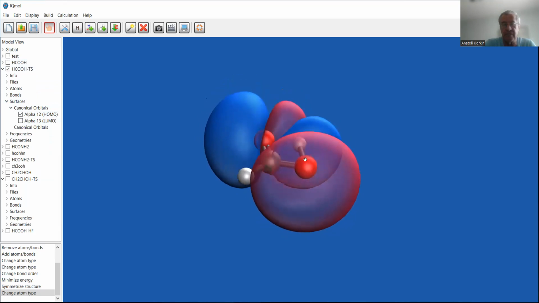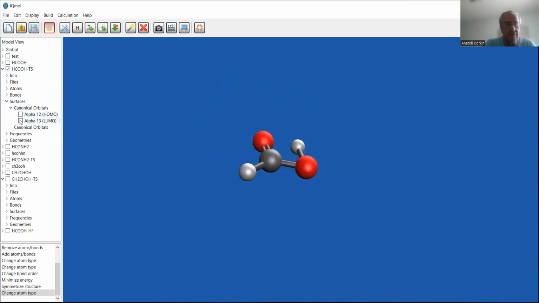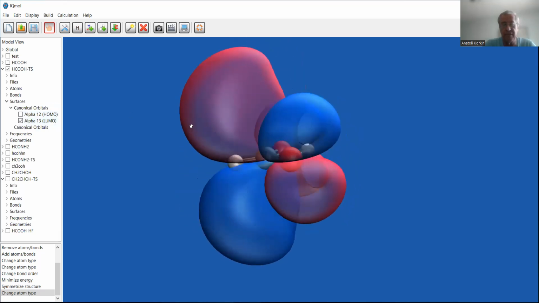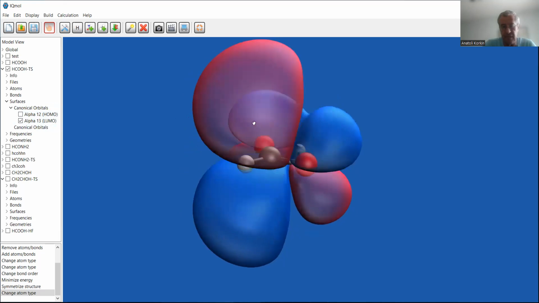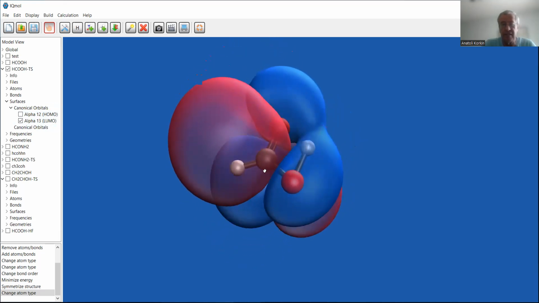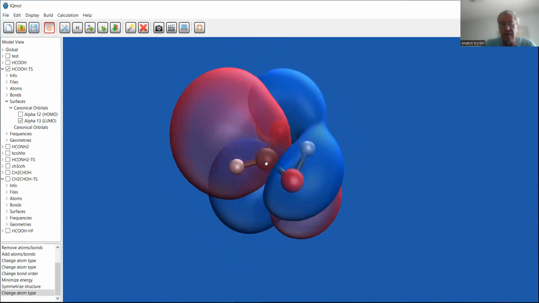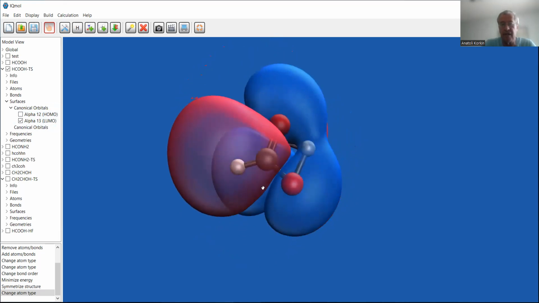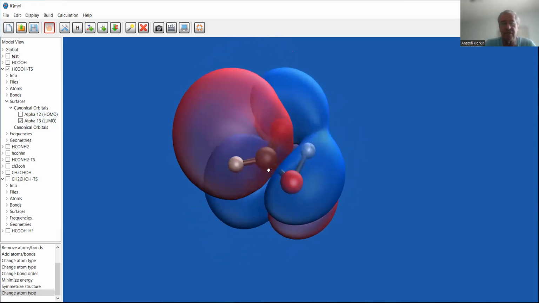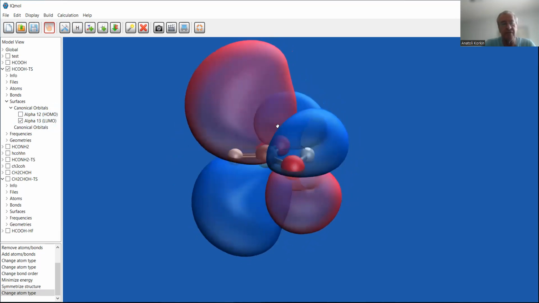It's mostly the lone pair orbital of oxygen. The non-bonding orbital is also a pi orbital, bonding in the area of hydrogen transfer, and it's mostly again on carbons. It's similar to what we had for the initial molecule.